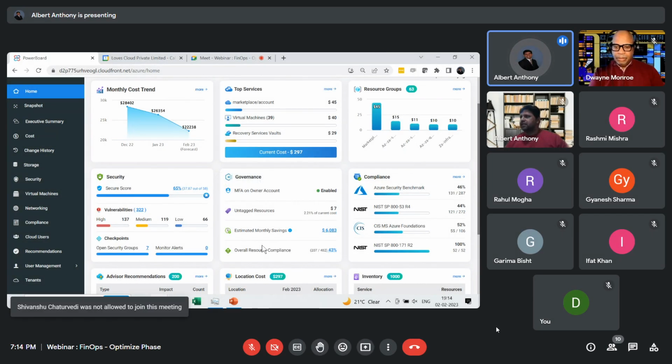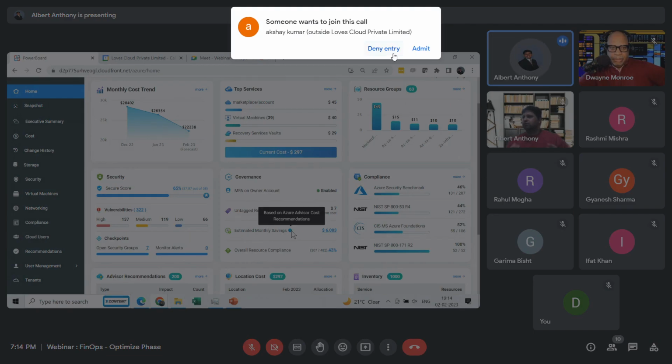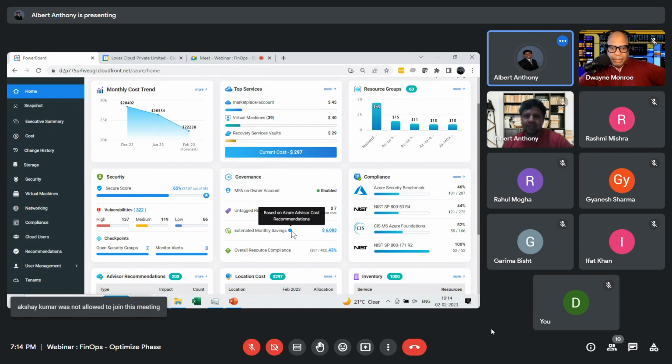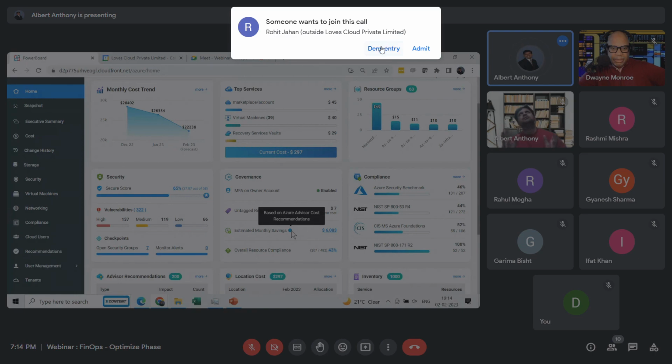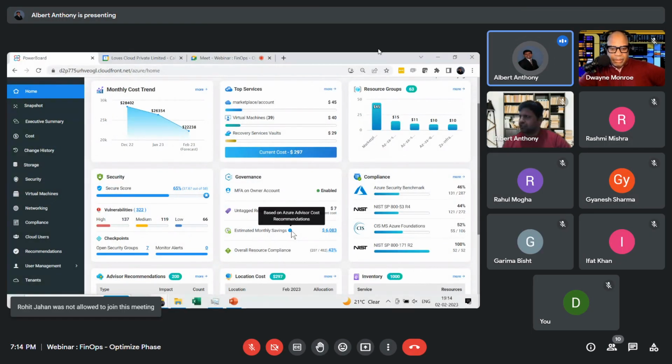For example, there is something called estimated monthly savings, and you can see here that they already have $6,000 of estimated monthly savings based only on Azure Advisor cost recommendations, which is like 20% of their monthly cost. They spend approximately $30,000.